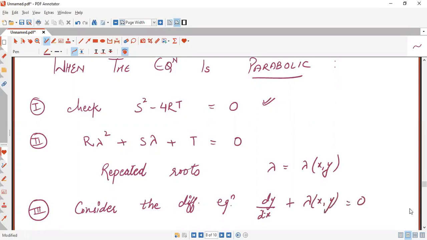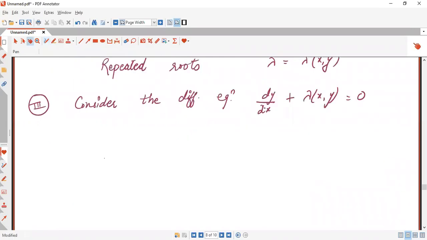You'll solve the equation. Let's say the solution we get will be f of x, y. Now you have to substitute that in xi and eta.